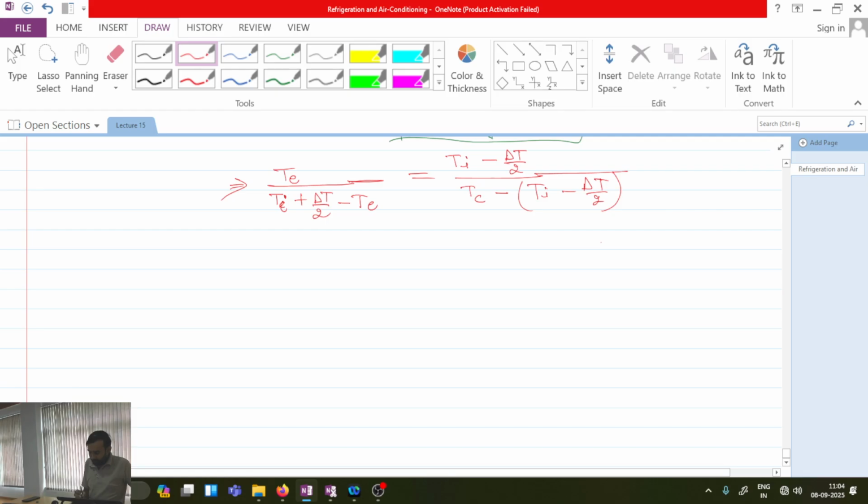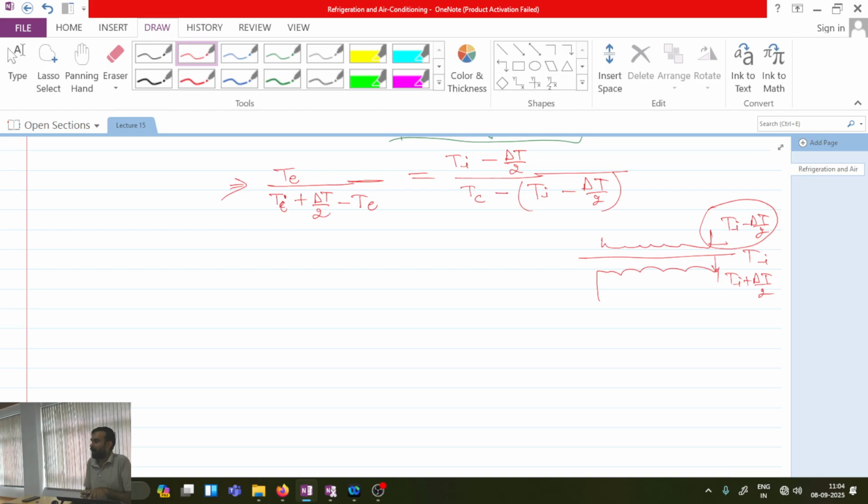It's very simple. In the cascade condenser, you have two working fluids. If Ti is the mean temperature, this working fluid is at a temperature of Ti plus delta T by 2 and this is at Ti minus delta T by 2, and this is acting as the evaporator for the high temperature cycle. So evaporator temperature by condenser minus evaporator, and in this case it is acting as a condenser to the low temperature cycle.